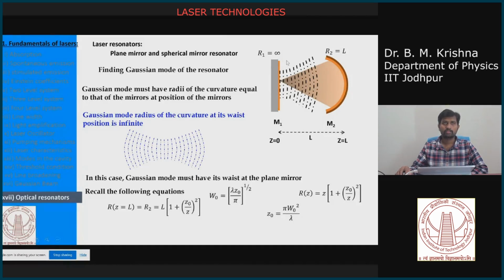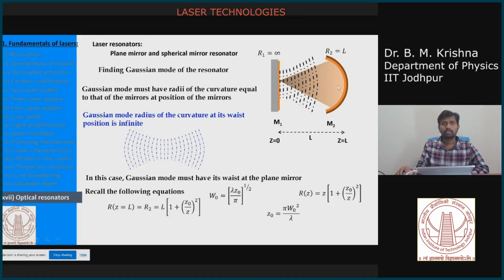R of z at z equals 0 is infinity, that is our beam width position. Now I want to measure the size of the beam width, W naught.